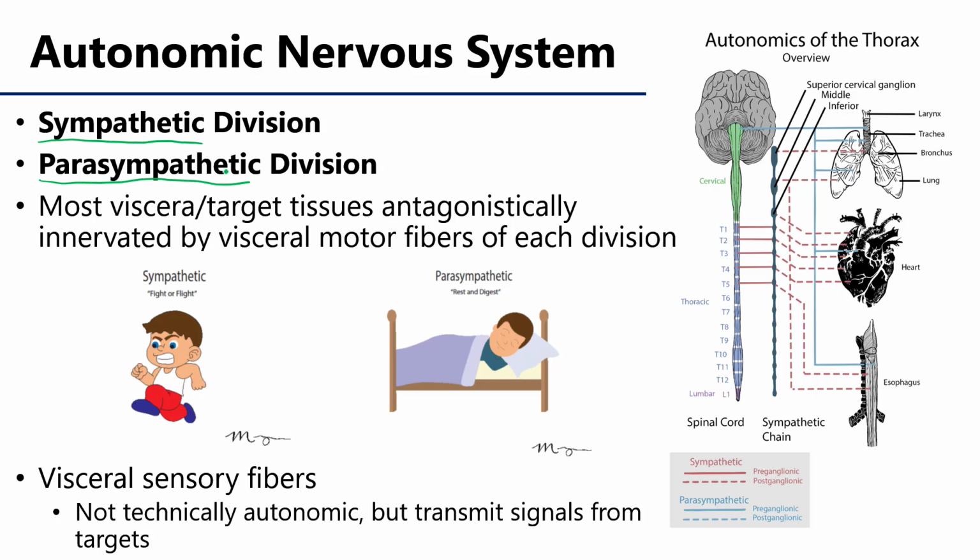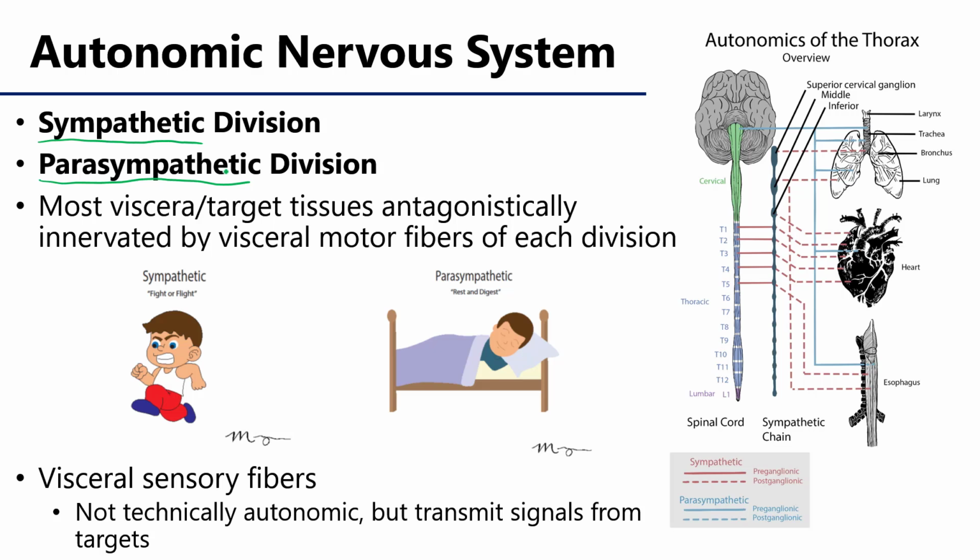Now, each of these divisions serve their various visceral target tissues via visceral motor fibers. These visceral motor fibers are generally arranged in a chain. So there are preganglionic fibers which synapse with postganglionic fibers within ganglia.